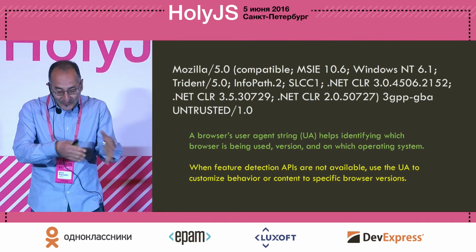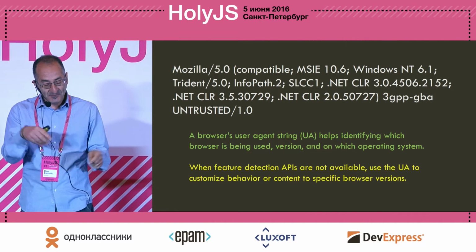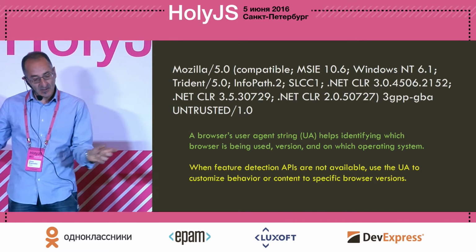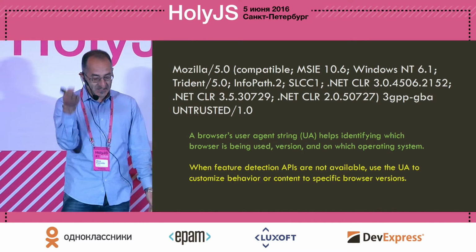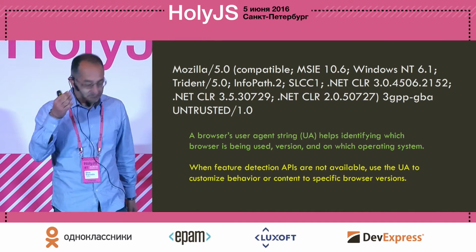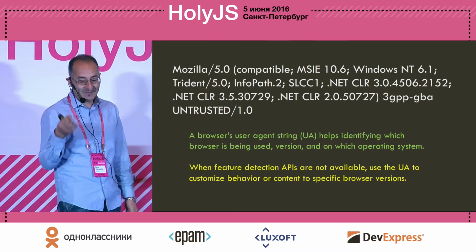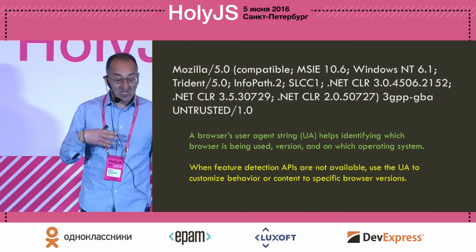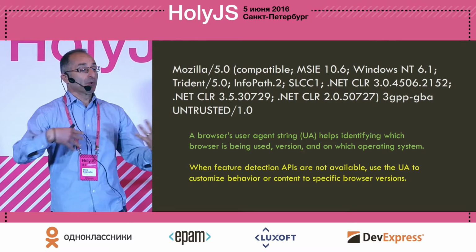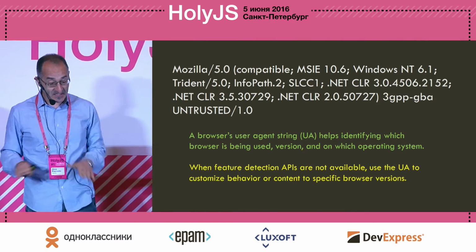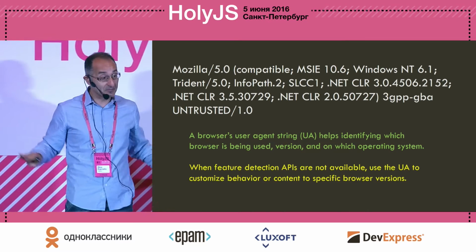Then we find, typically in a string made of semicolon-separated chunks, something like in this particular example, MSIE 10.6, which identifies in particular Internet Explorer 11, then something that typically identifies the operating system, and then some weird strings, SLCC1, no idea what it means, InfoPath 2, no idea what it means.